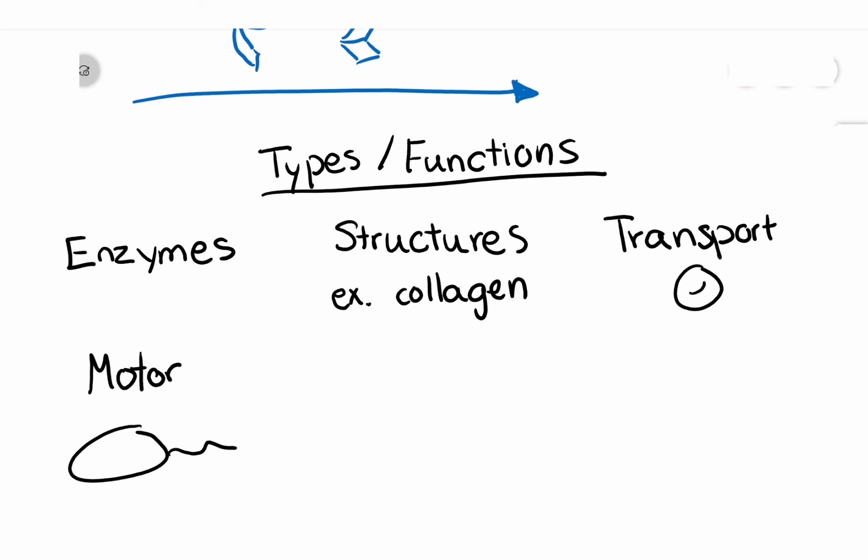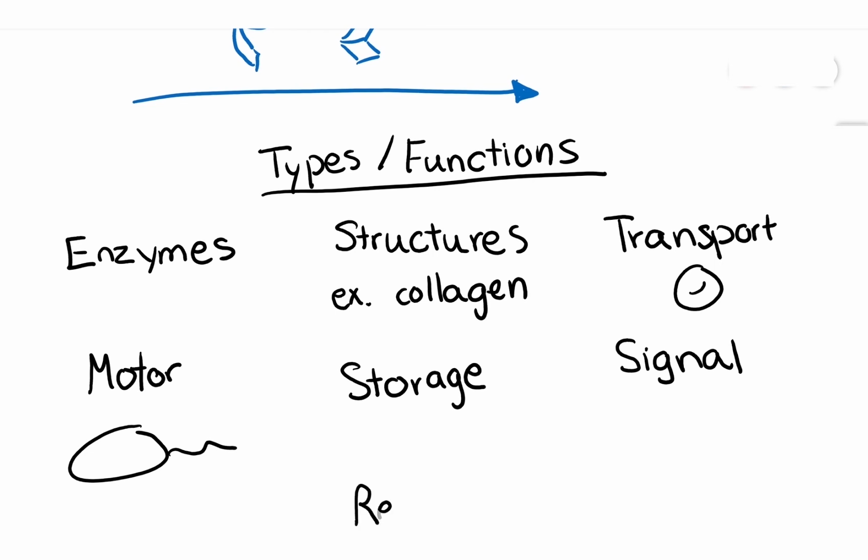Next you have storage proteins. And storage proteins store amino acids and metal ions. You have signal proteins, which send messages to specific locations in the body and the cells. You also have receptor proteins, which can be found in the cell membranes of cells.